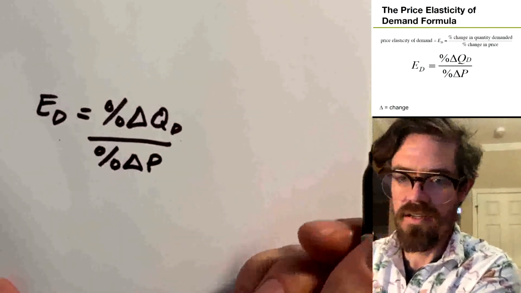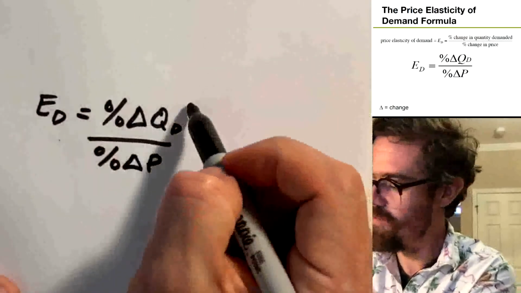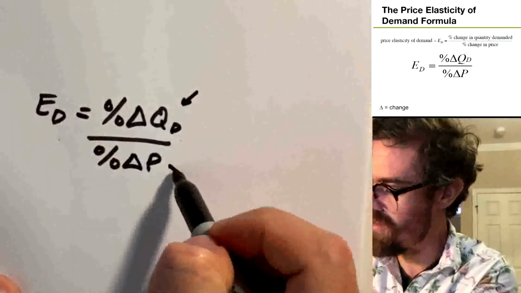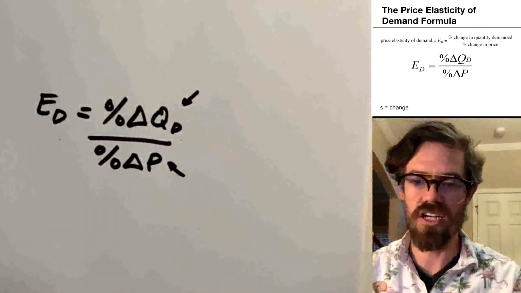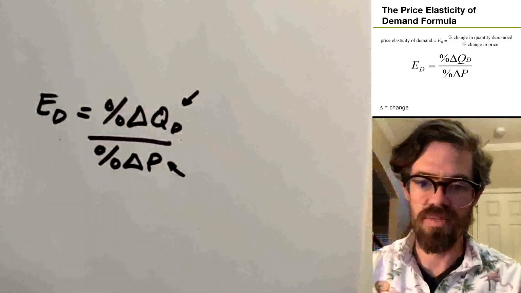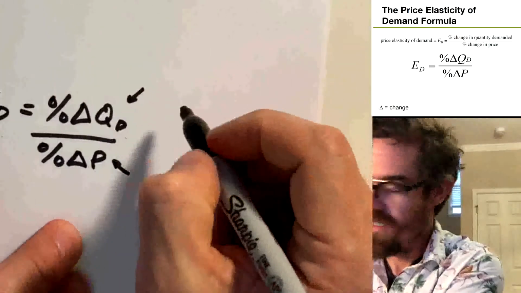Okay, so when we talk about relatively elastic demand, it's because this is bigger than this, right? The percent change in quantity demanded is bigger than the percent change in price.